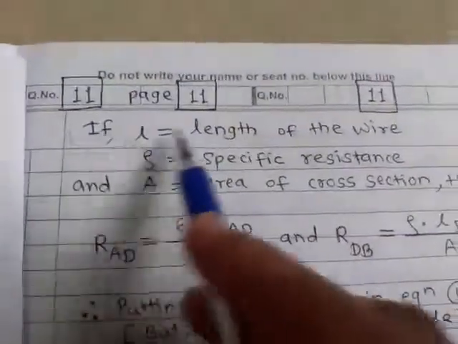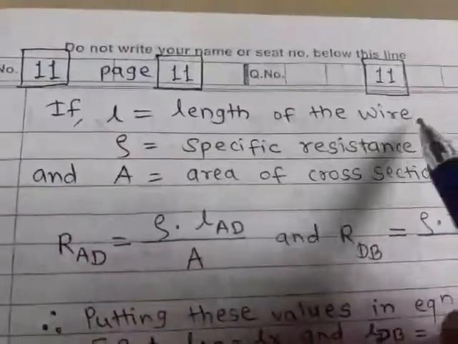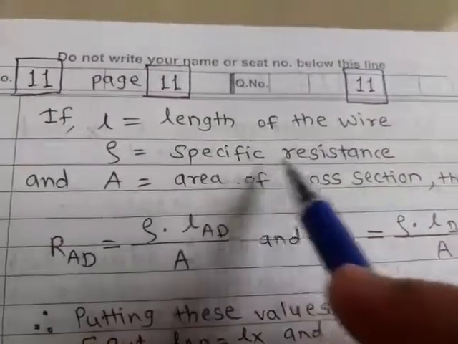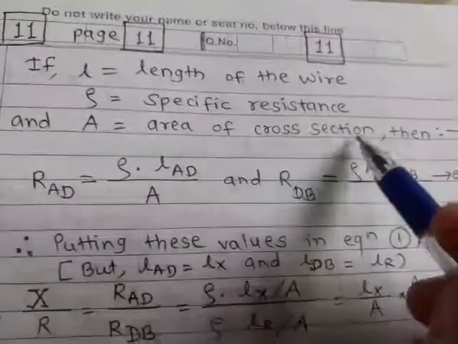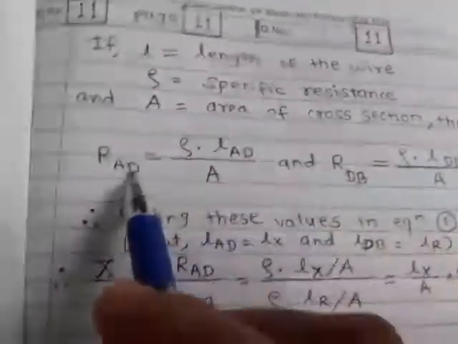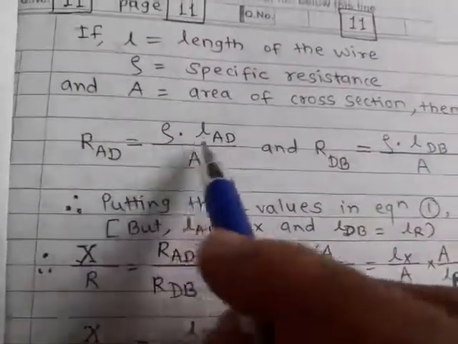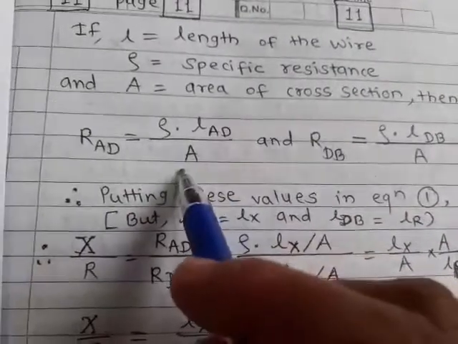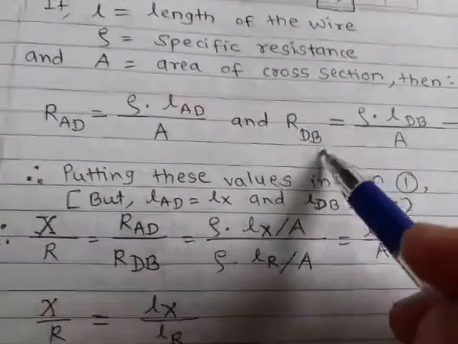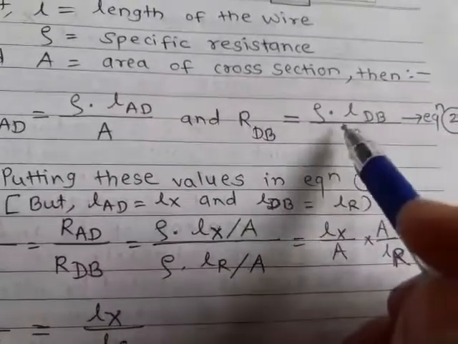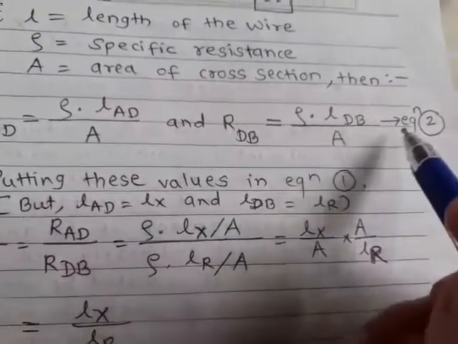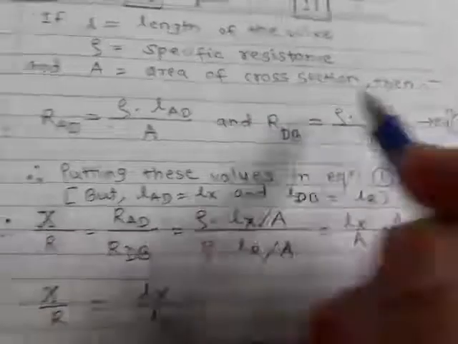If small l is equal to length of the wire, rho is equal to specific resistance, capital A is equal to area of cross section, then R of AD is equal to rho into L of AD divided by A, and R of DB is equal to rho into L of DB divided by capital A, equation number 2.